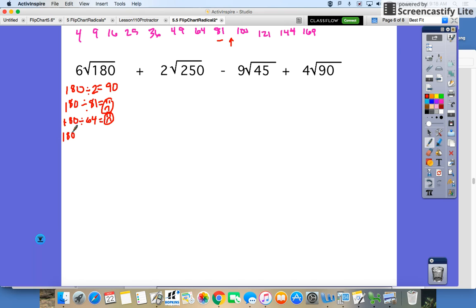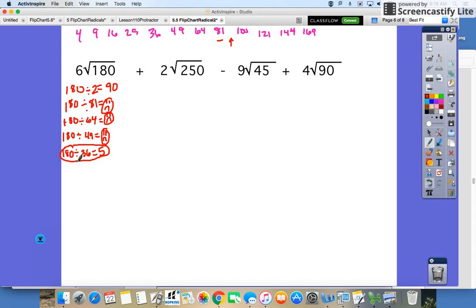We do 180 divided by the next, which is 49. Decimal. Man. 180 divided by 36. All right, perfect. 180 divided by 36 is 5. So that's a good one for us.